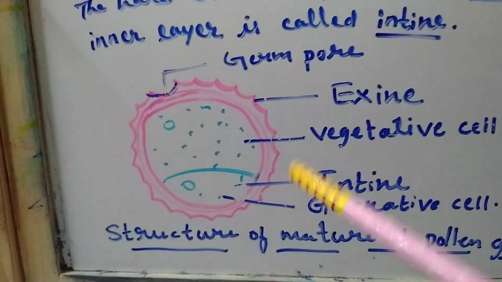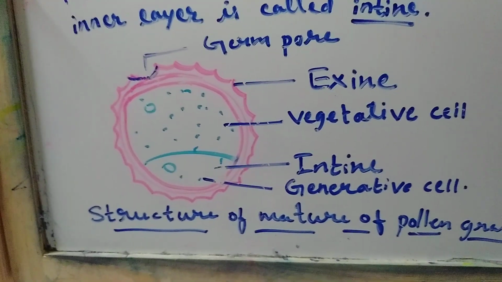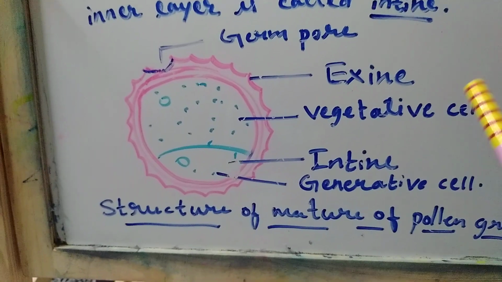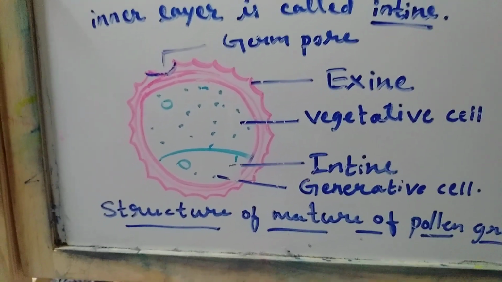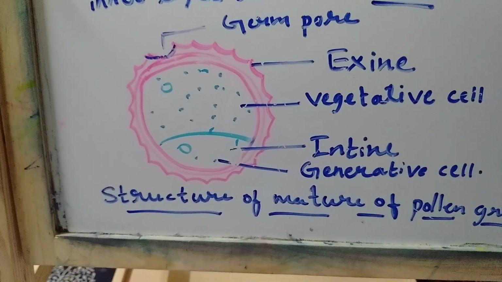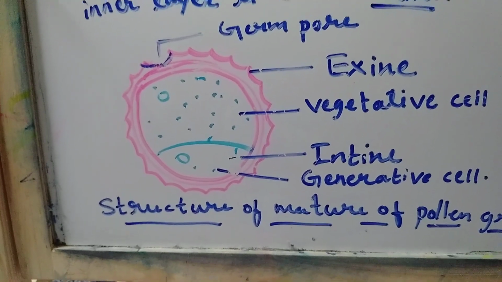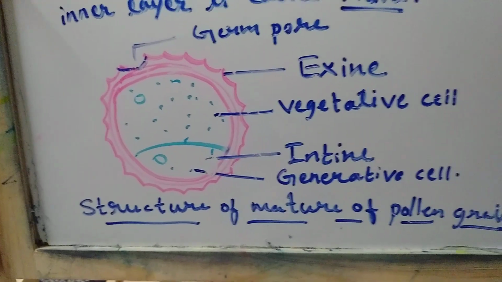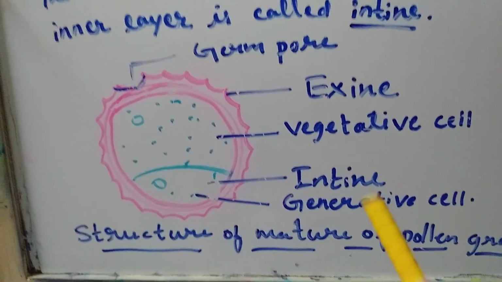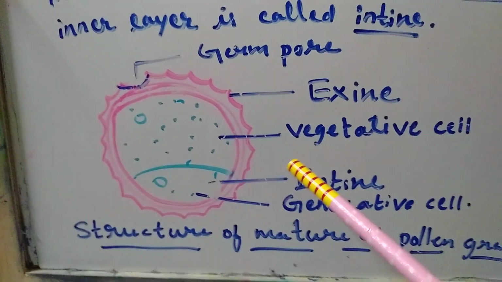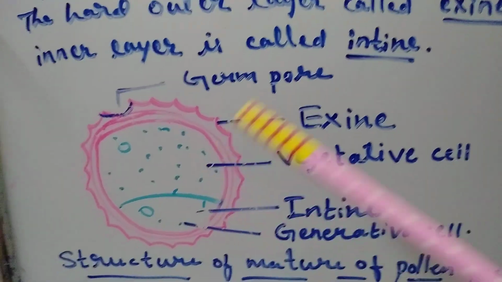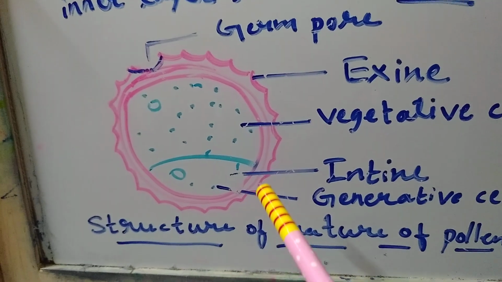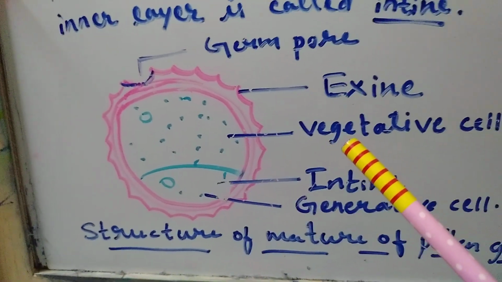Pollen grains are also very rich in nutrients, and consumption of them is expected to increase the performance of athletes and race horses. As it is very rich in nutrients, athletes usually consume pollen grains to get more energy.